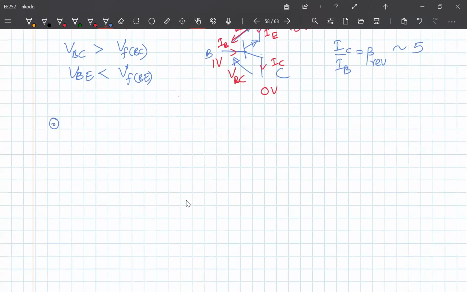So reverse mode will work, but it is not efficient because beta, the current gain, is very small.